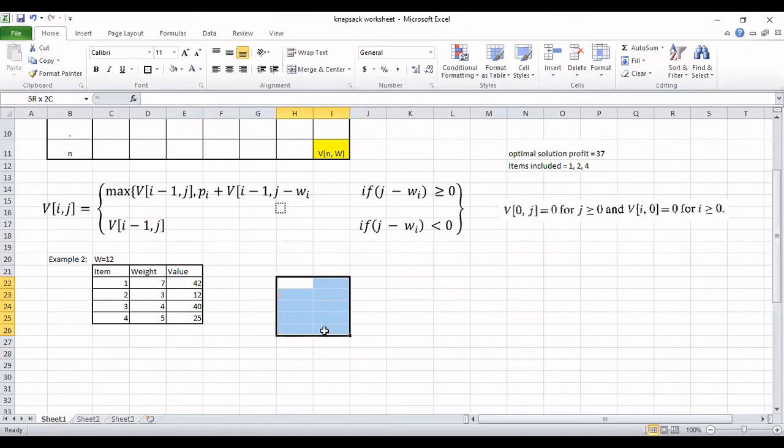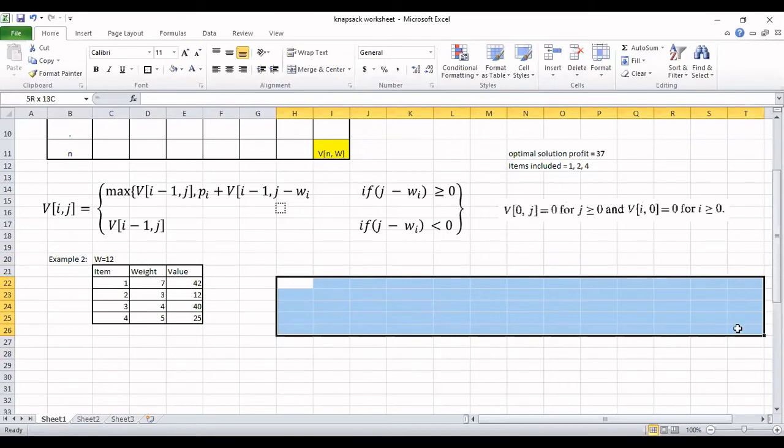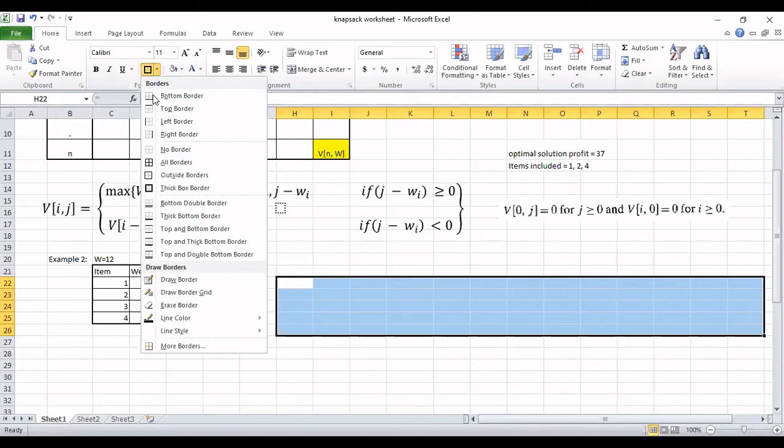And columns 0, 1, 2, 3, 4, 5, 6, 7, 8, 9, 10, 11, 12. Fine, so that is 13 columns. So we need to design a table for this.